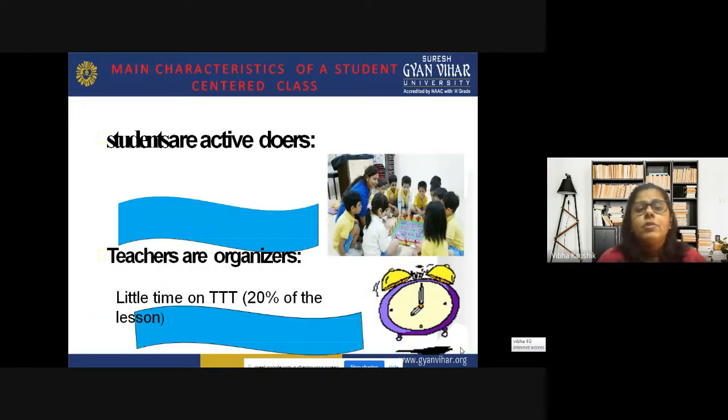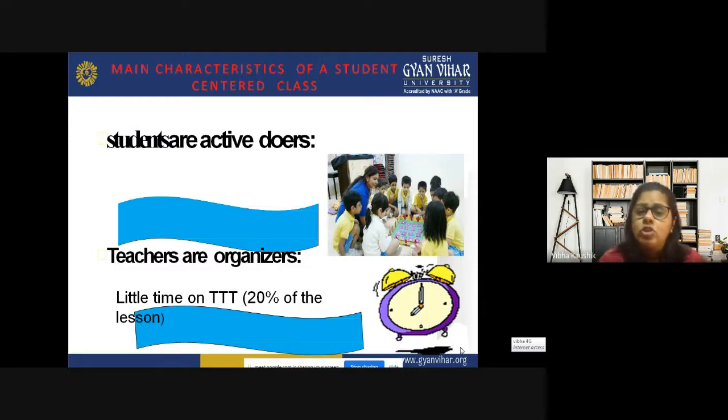Main characteristics of a student-centered class. What are the main characteristics if a teacher has adopted an approach, and that is a student-centered class? Students are active learners, meaning students are actively involved in the teaching-learning process.